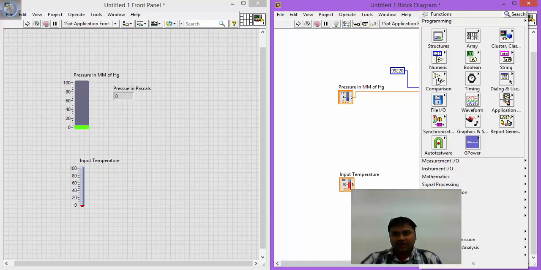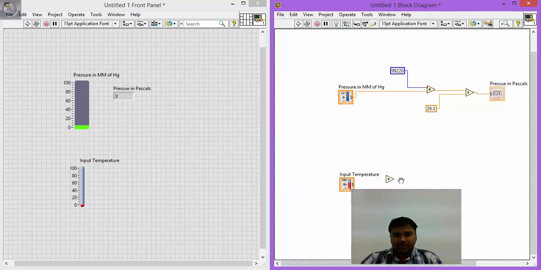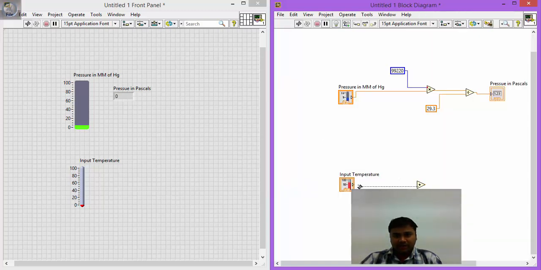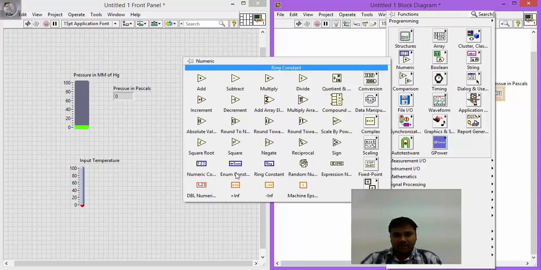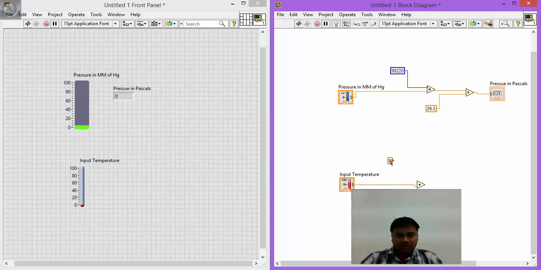Again right click, go to additional operator and add this with the 273. Right click, numeric, and add 273, then you will get output in Kelvin. Hence I can click on the pascals.